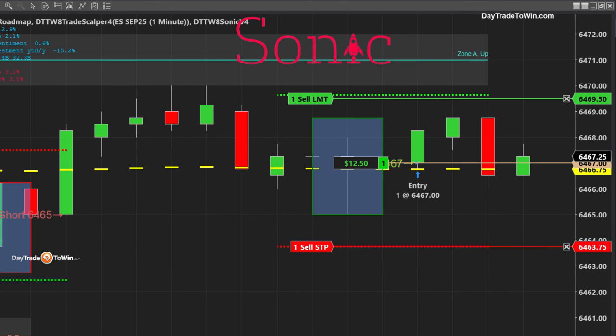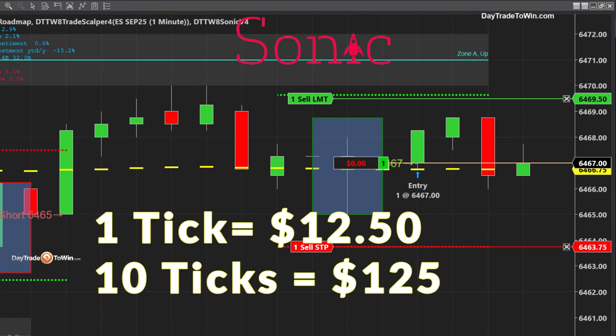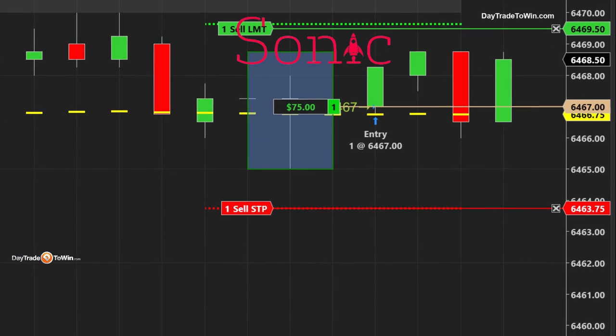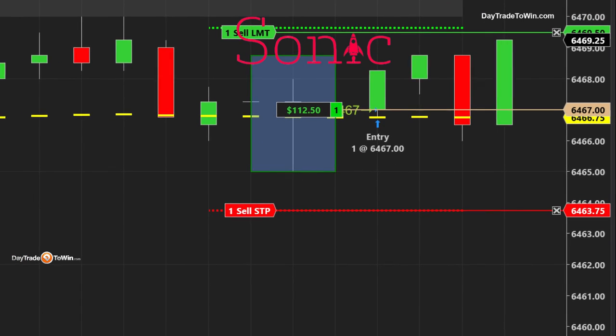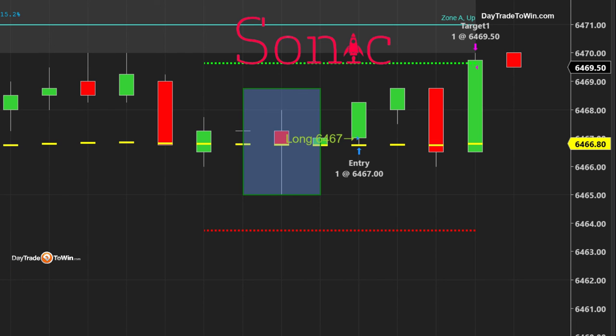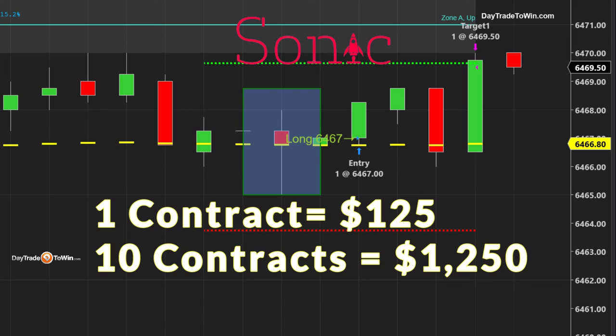You're also going to notice that the E-Mini S&P is $12.50 per tick, which means right now I'm going for 10 ticks from 64.67 to 64.69.50. That's a total of 10 ticks. And that would be the equivalent of $125 per contract. Target filled. So I just have to mention that, per contract. If you're trading 10 contracts, that's over $1,200.